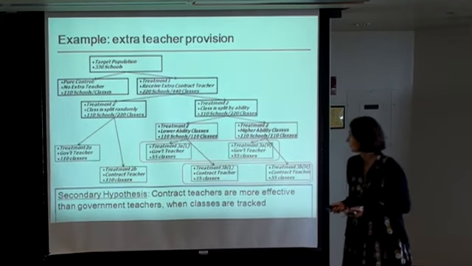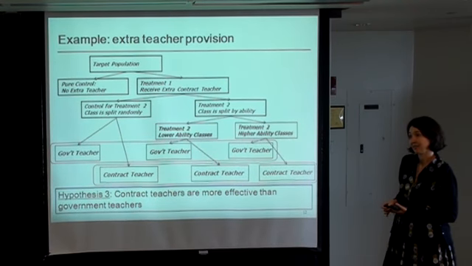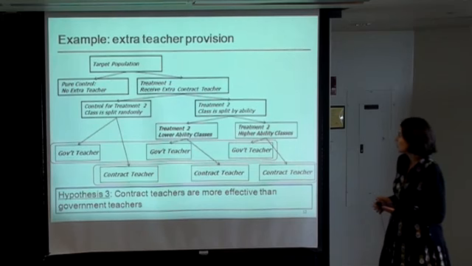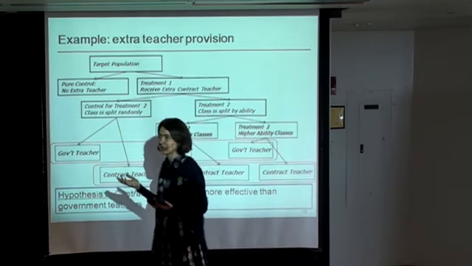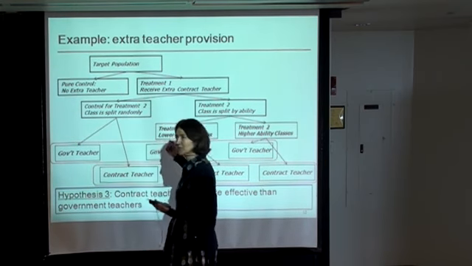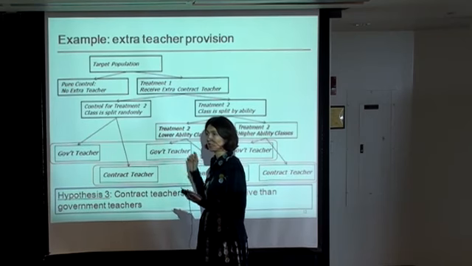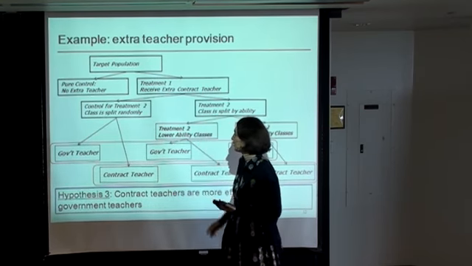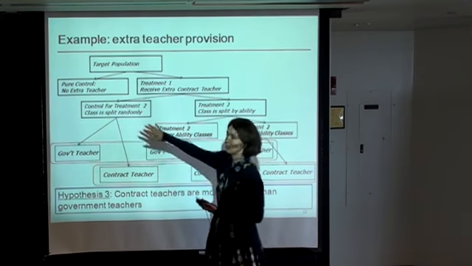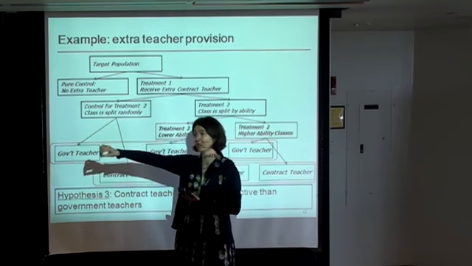And do you have any problems of spillover when the government teacher doesn't turn up, so the contract teacher has to teach both classes? In a sense, that's just the program effect. It's not a spillover to the control, because these are all within the same group. It's not like they're then showing up more to some control over here. A spillover is when you have an effect on the control.